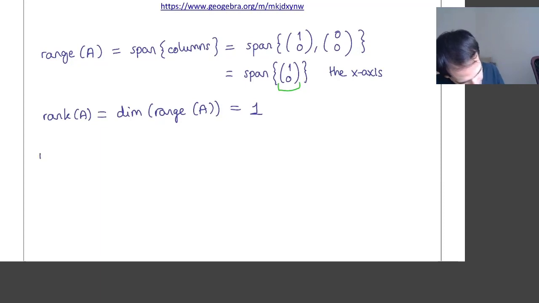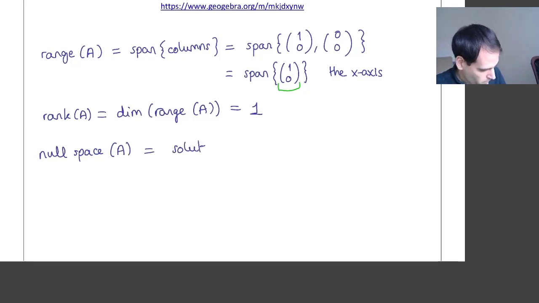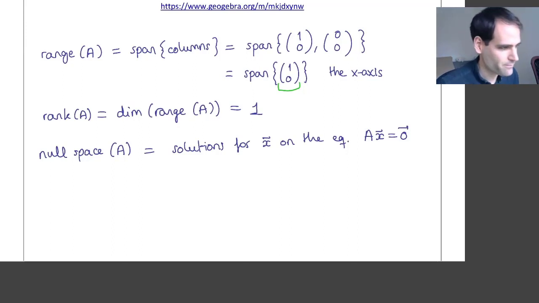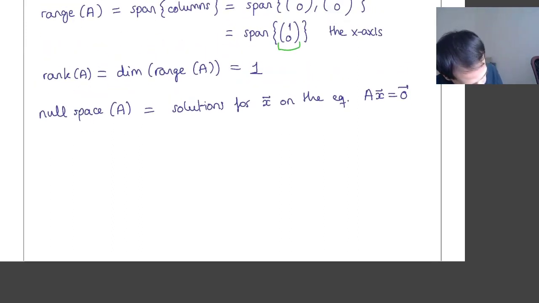Next, the null space. So remember, the null space of A equals the solutions for x on the equation A times x equals 0. So let's solve this equation. So A times x equals 0 can be written explicitly like this.